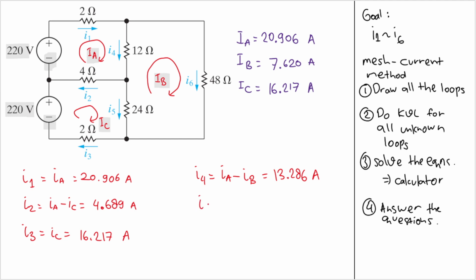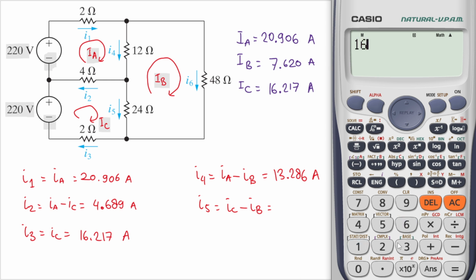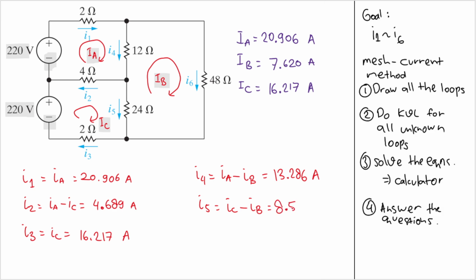And then what is I5? I5 is this going down. The one that is going down is IC, but then IB is going up. So I will have IC minus IB, which is 16.217 minus 7.620, and I will have 8.597 ampere.